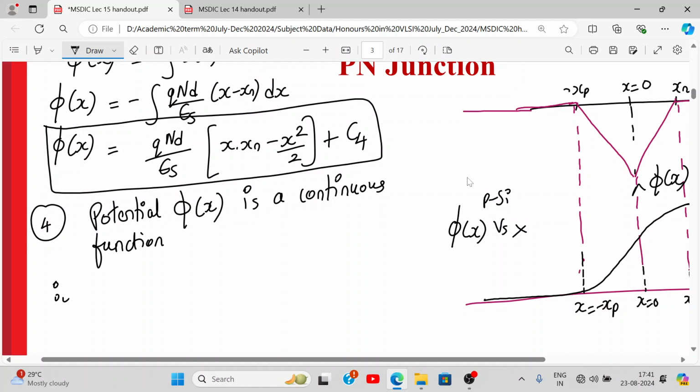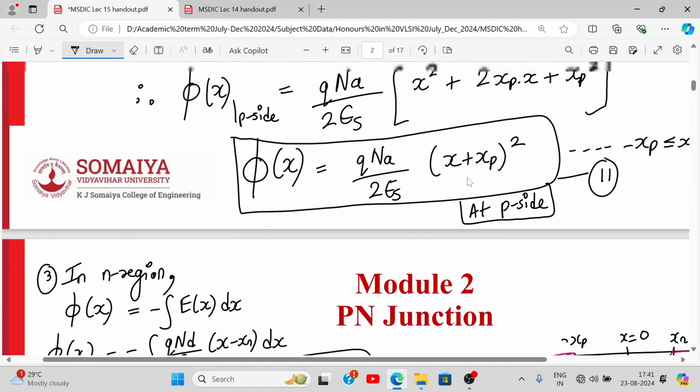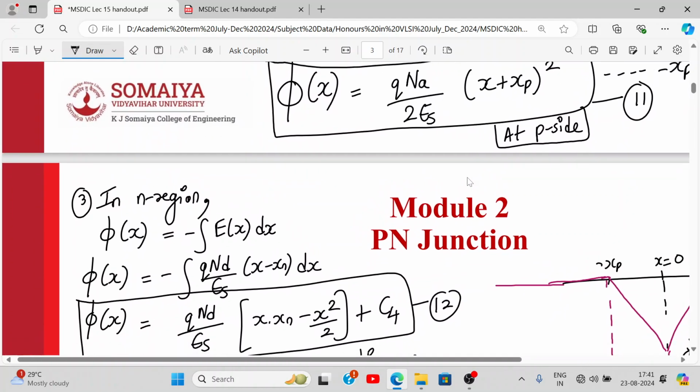Therefore, let's call this equation number 12, I guess. What do we call the other equation? Equation number 11 and 10 will be the same, correct? It should be the same, right?